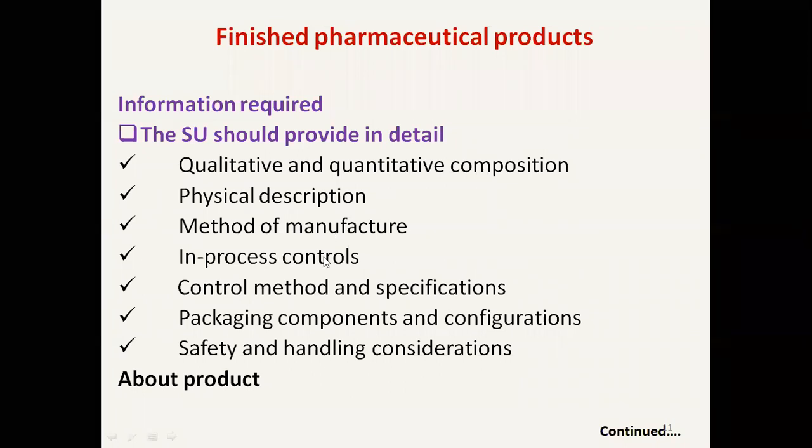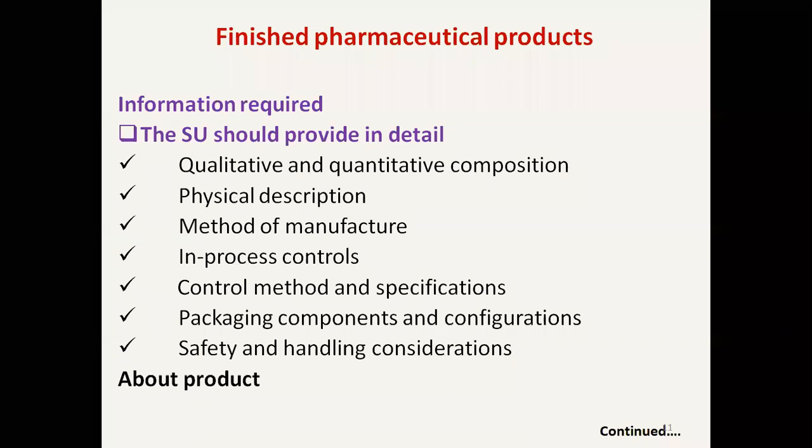We already discussed what is the meaning of in-process controls. Then control methods and specifications, then packaging components and configuration, and any safety and handling considerations about the product produced in the SU unit, and if the same product is to be reflected at the RU units.